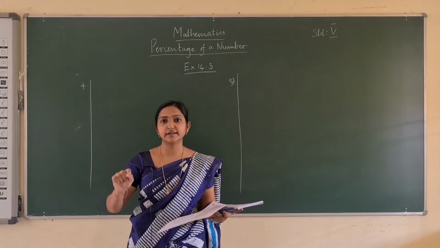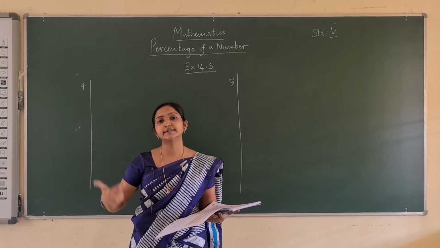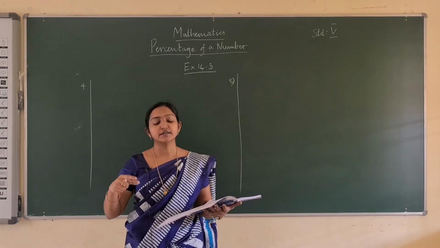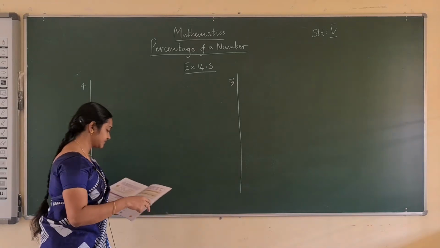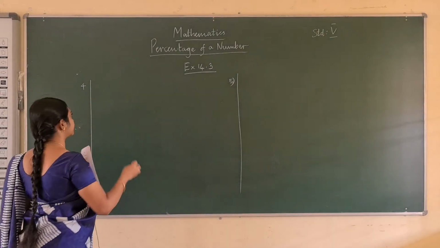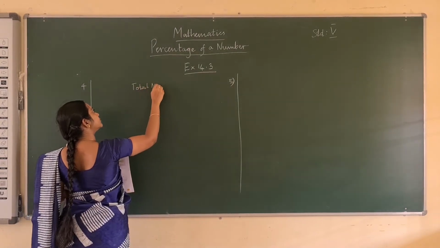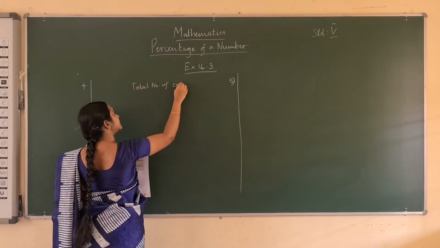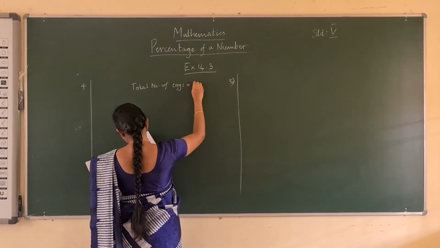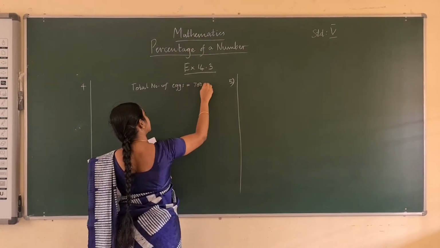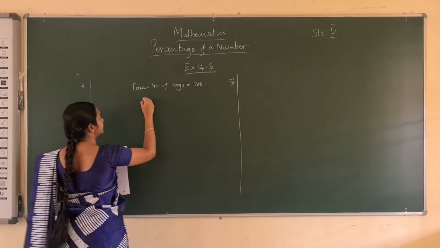15% of 700 eggs. So out of 100 it is 15. We have to find it for 700 eggs. Total number of eggs is given as 700.